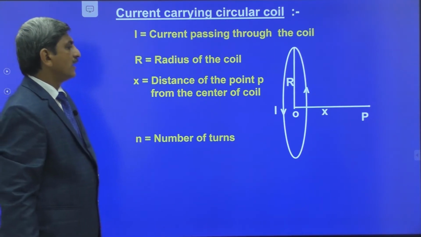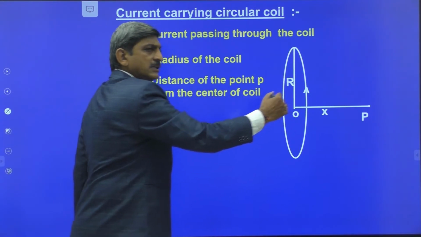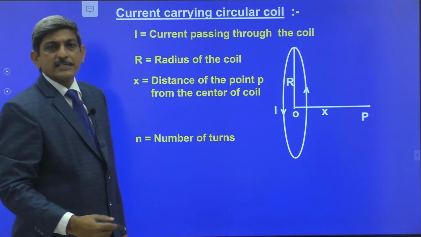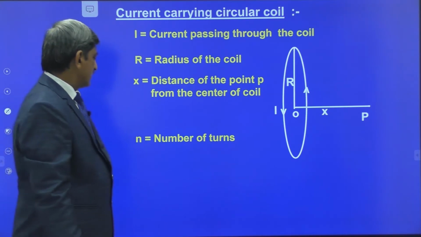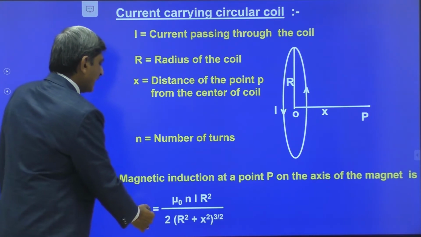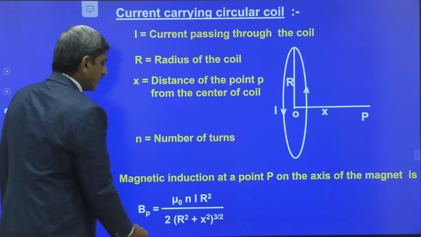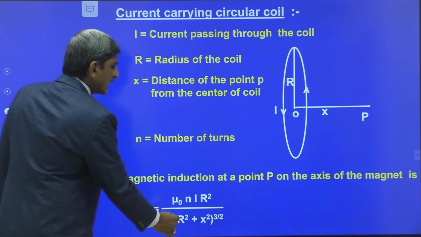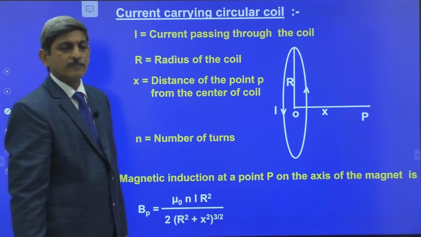Now, this current carrying coil produces a magnetic field at any point on the axis, which was derived in the previous session as Bp is equal to mu naught n I r square divided by 2 into (r square plus x square) whole power 3 by 2.